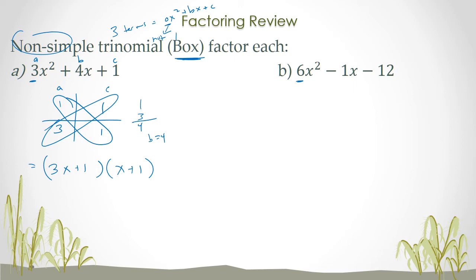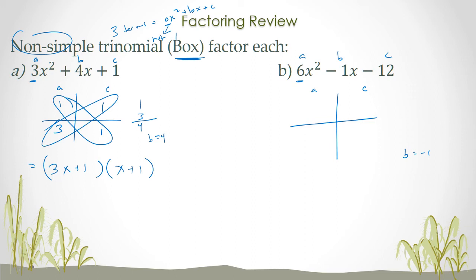B, I want two numbers that multiply to A, which is, there's A, B, and C. And you got to get B here, which is -1. So the first one is really easy. This one I'm going to show you the actual trial and error process.